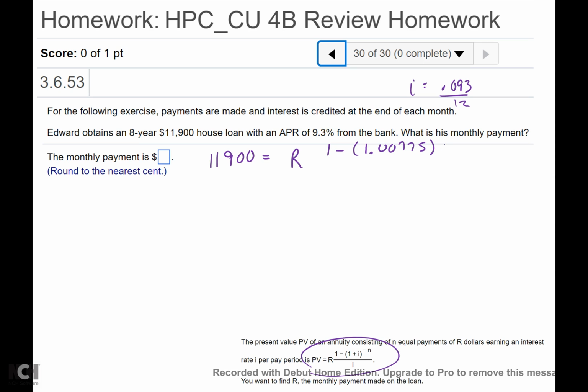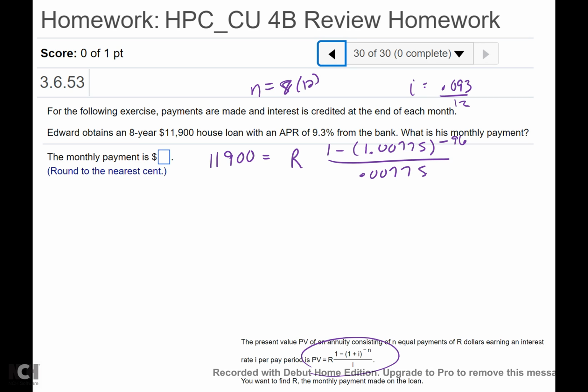So 1 plus that will be 1.00775, to the negative n. I've got to calculate my n. My n is going to be my time times the number of payments. 8 times 12 is 96, over 0.00775.